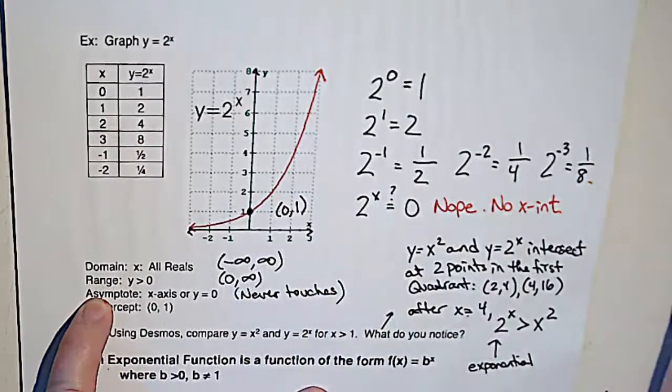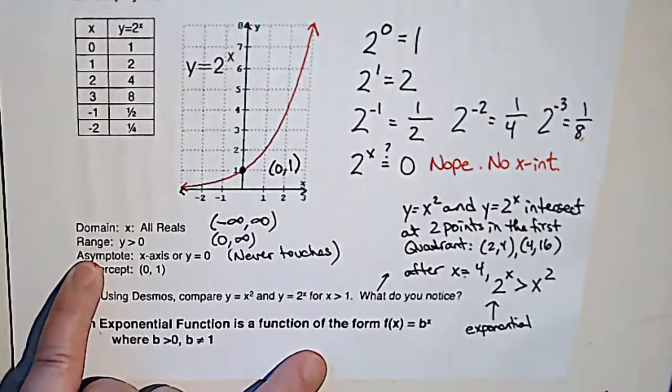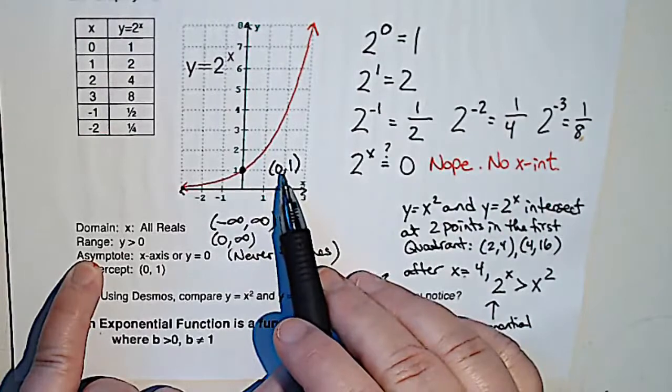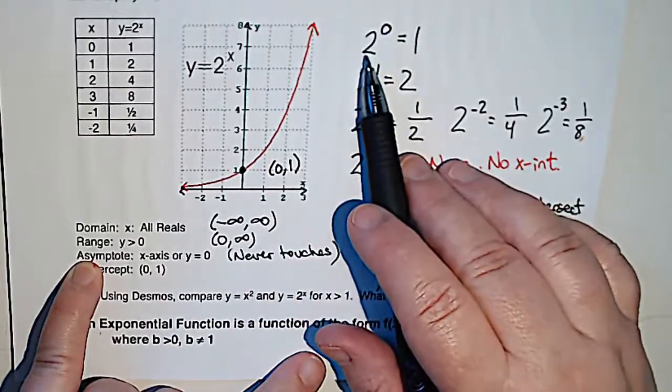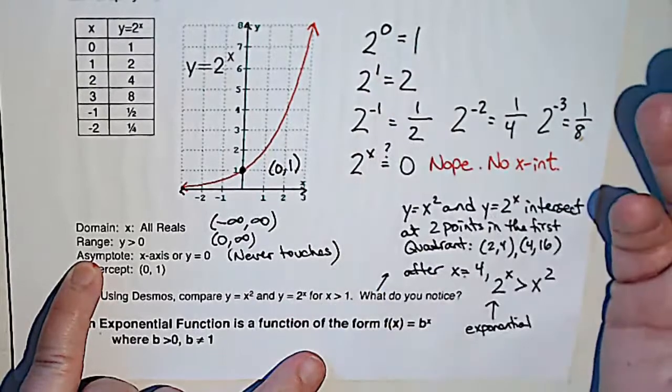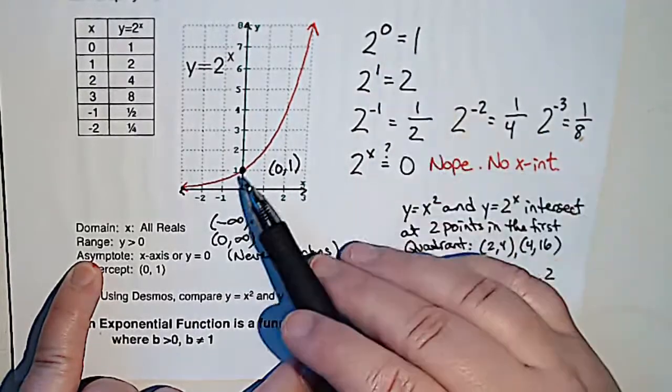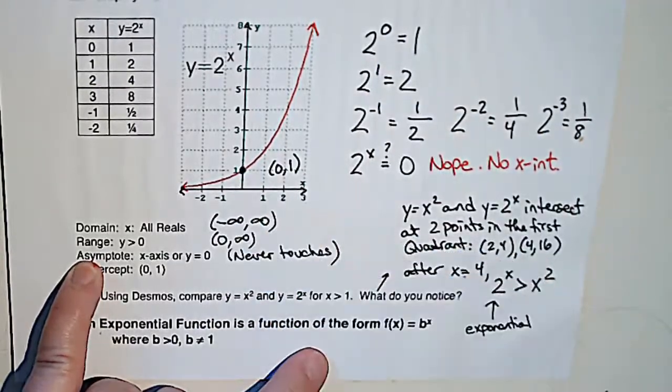Well, because, all the basic exponential functions, if you make them fancy, you can move them around a little bit. What happens at 0? If 0 is your exponent, any number to the 0th power other than 0 equals 1. So they're all going to go through that point.